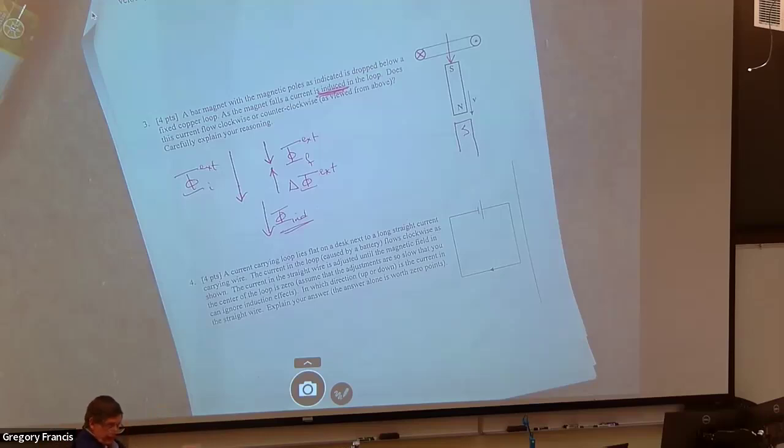But if when it lines up, you can flip the current so it still needs to line up, and then you flip the current again so it still needs to line up, and you keep doing that, then it keeps turning. But you have to flip the direction of the current every half turn so that it's always trying to line up.